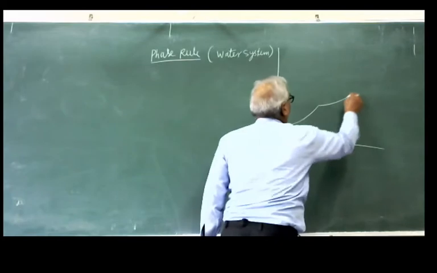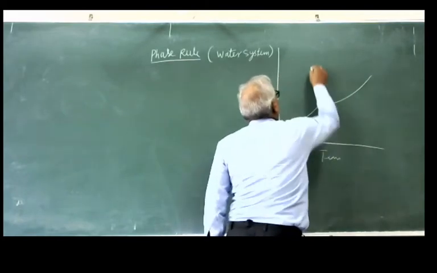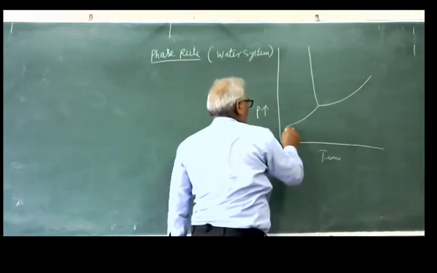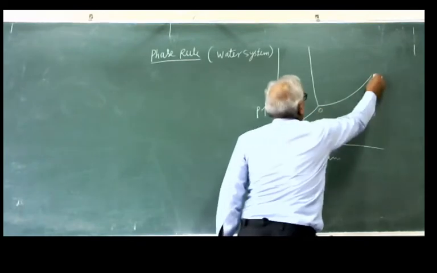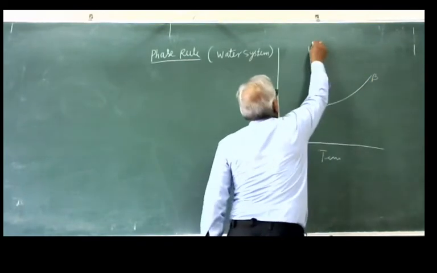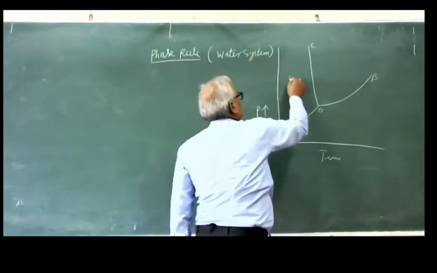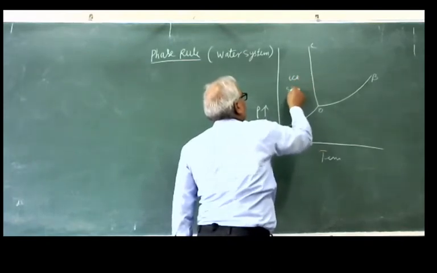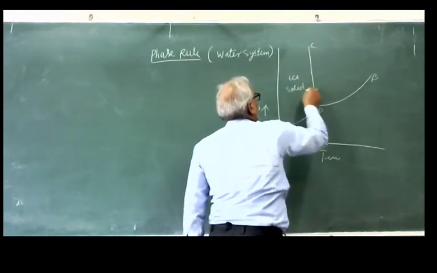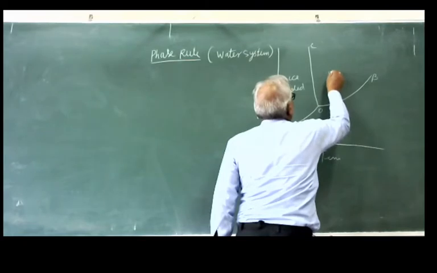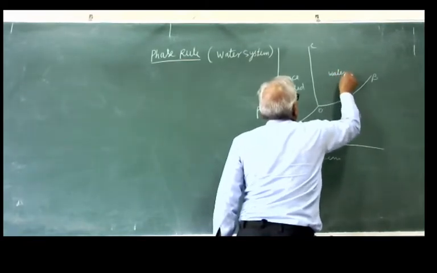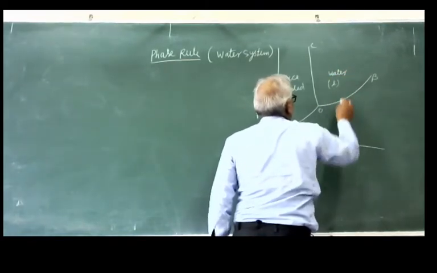You can draw a diagram like this: A, O, B, C. This is the ice, solid, and this is the liquid water. This is the liquid and vapor.